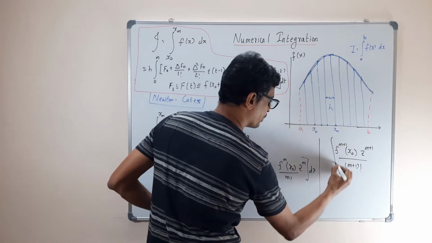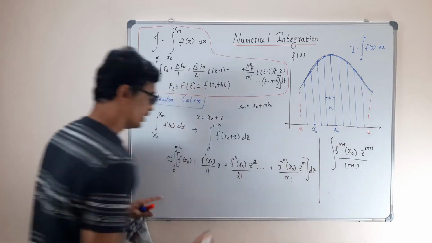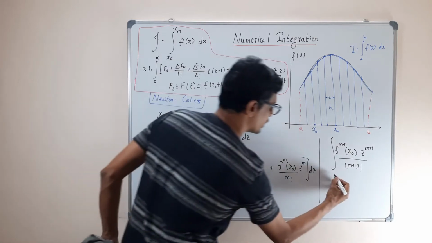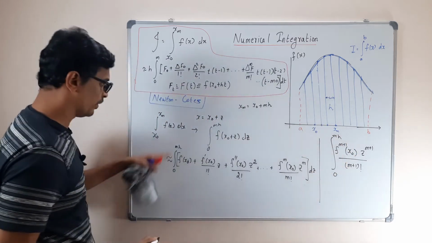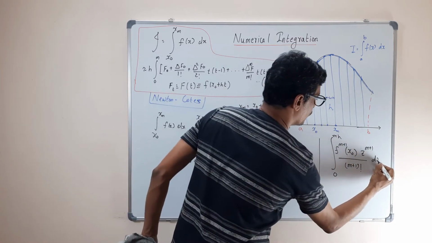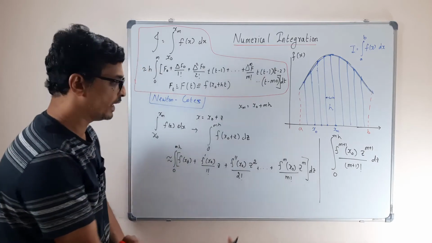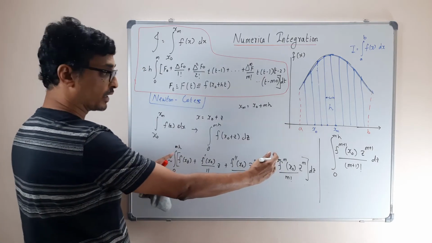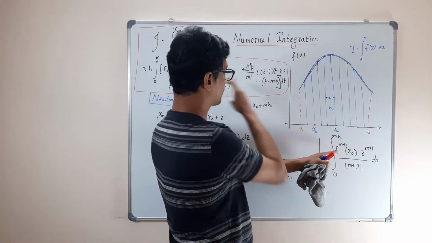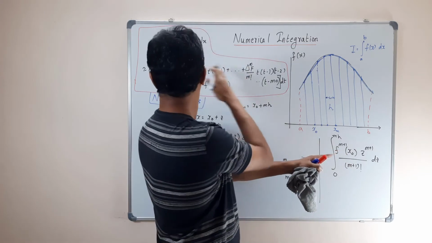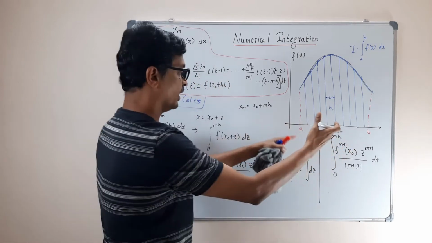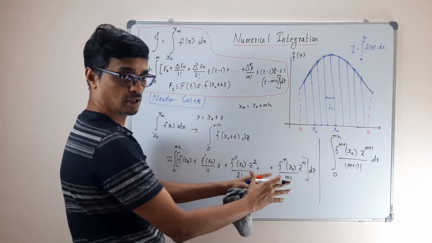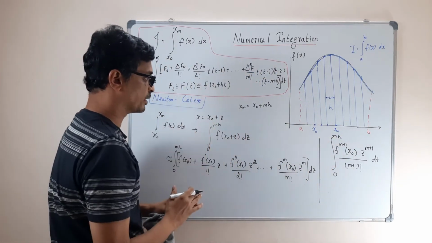This is integrated from 0 to mh, dz. This is the term we actually missed, because by expressing this as a polynomial of degree m, the m plus 1 derivative becomes 0, and this is the term we lost by approximating as a polynomial.